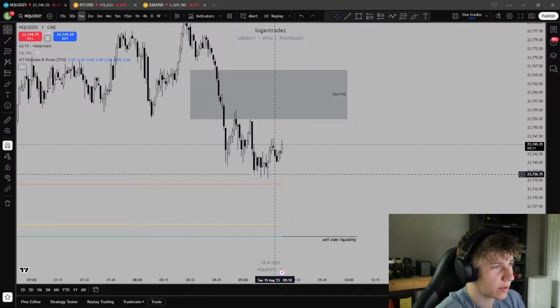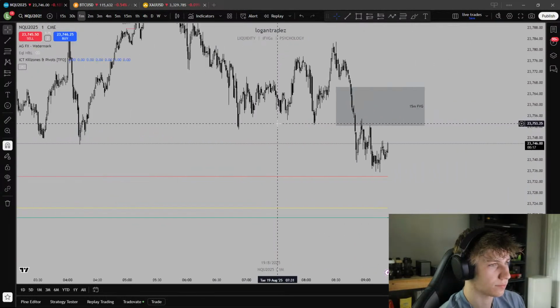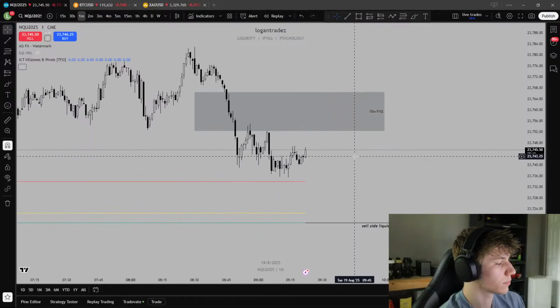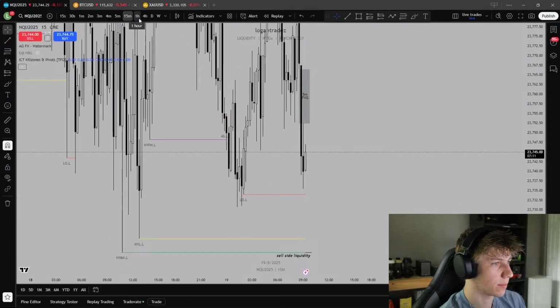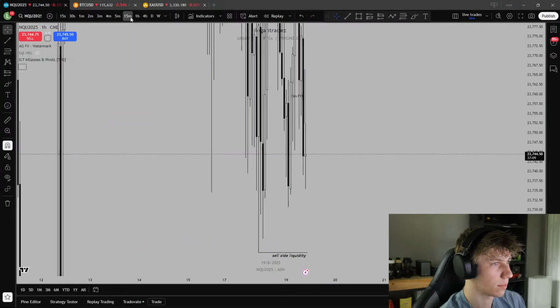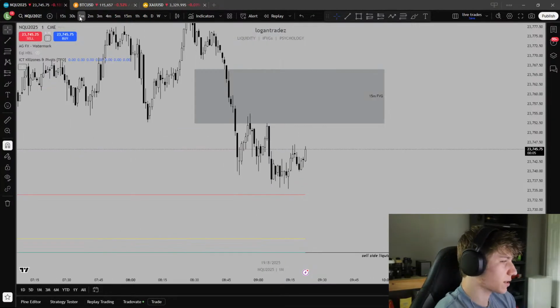Are we gonna wait for market open? These candles look trash. I'm definitely looking bearish here though. Still got 8 minutes till market open.